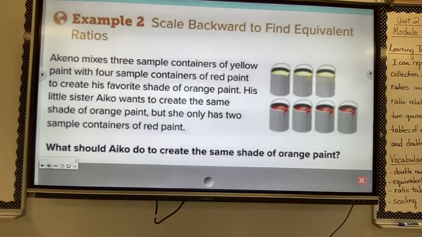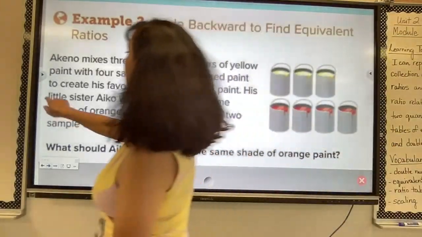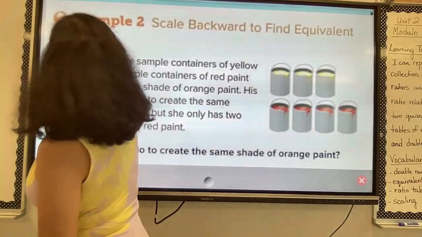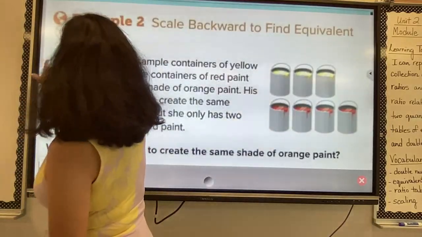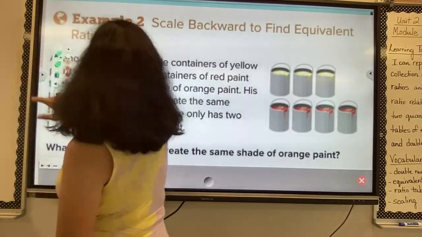In this case, we will have to scale backwards to find the equivalent ratio, because we are going to create a ratio table with the given information. Let me use the black color.